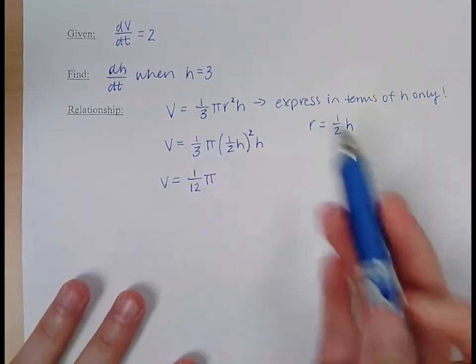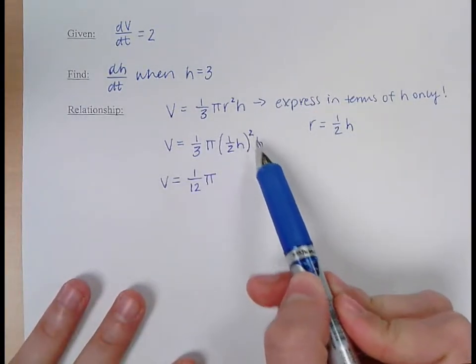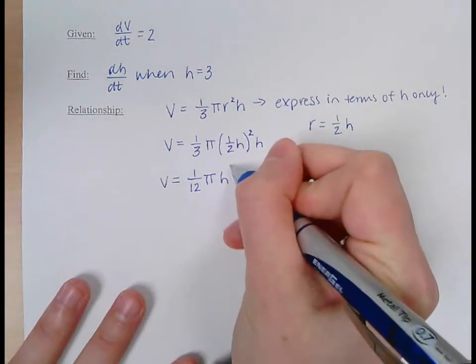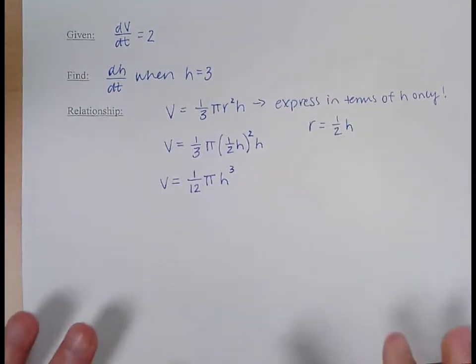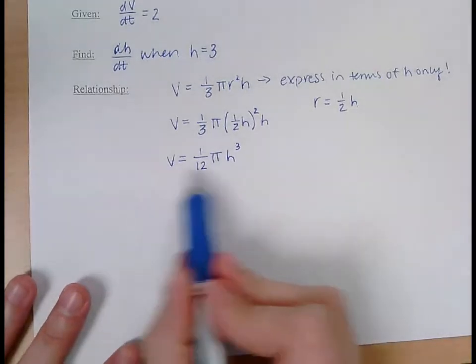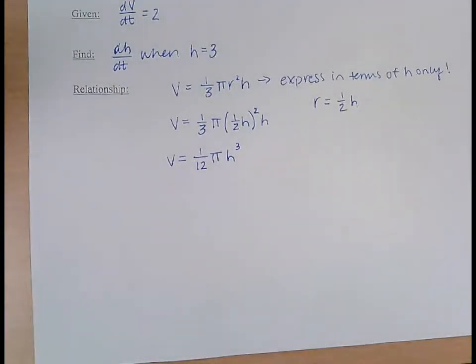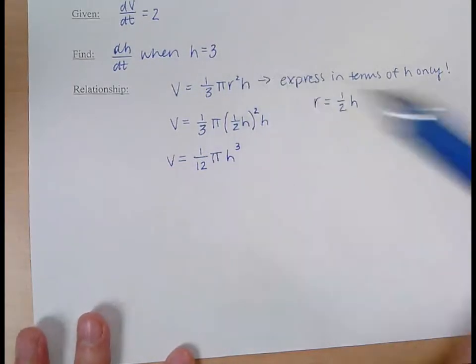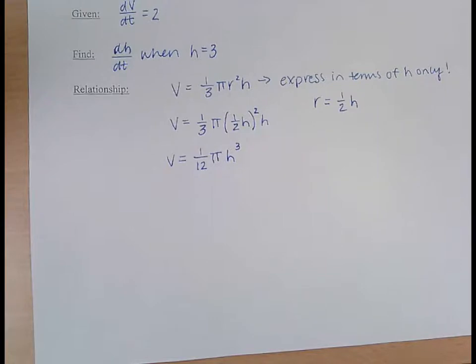I'll still have pi, and then I'll have h squared times h, so I'll have h cubed. But now I have the volume just in terms of h. Okay, so again, do you always need to do this? No, it's just if you see there's a variable that you have no information for the rate of. You always need something to substitute in there.